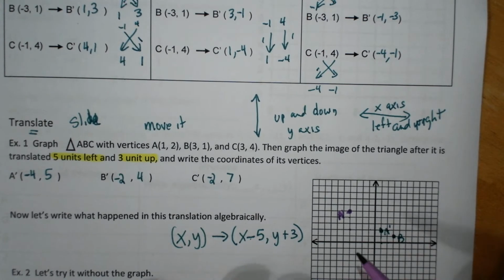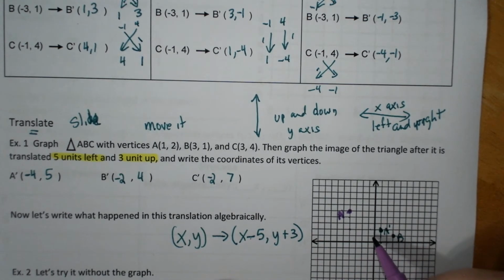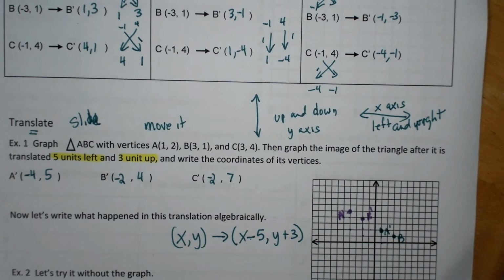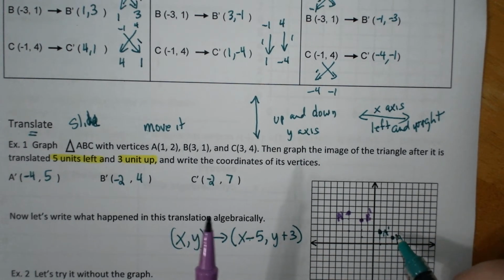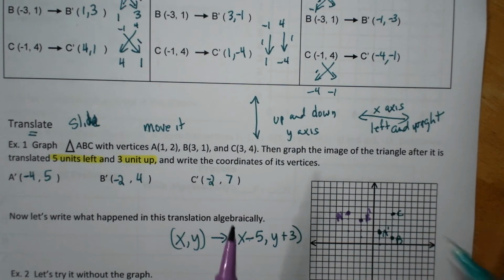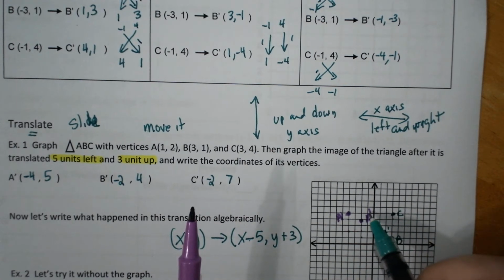And again, I'm going to go 5 left and 3 up. And this is B prime. And C is 3, 4. And I'm going to go 5 over and 3 up.